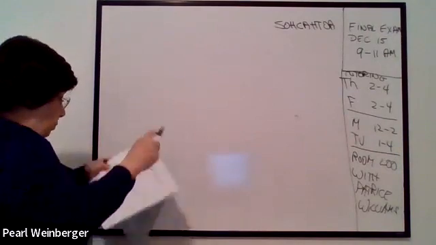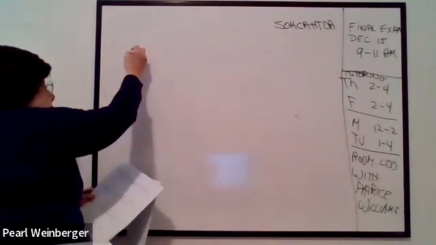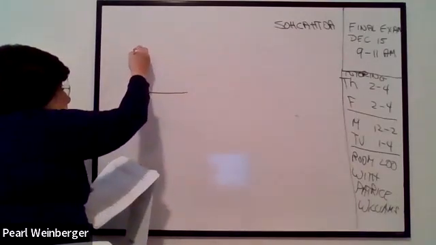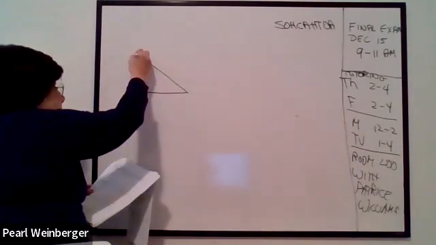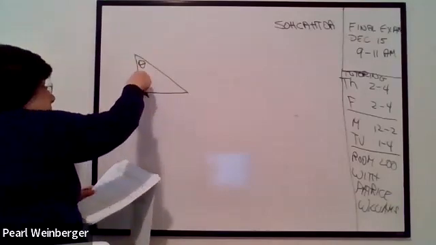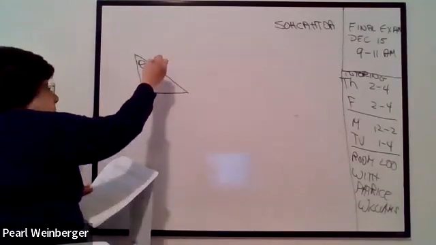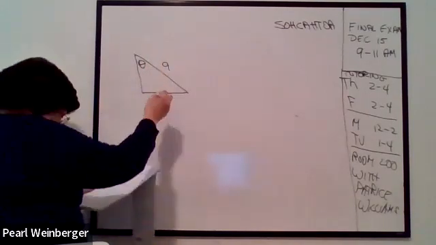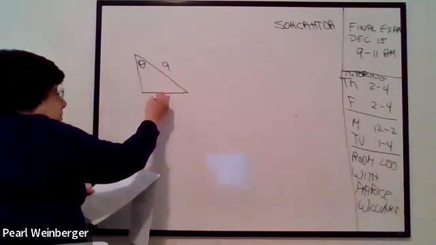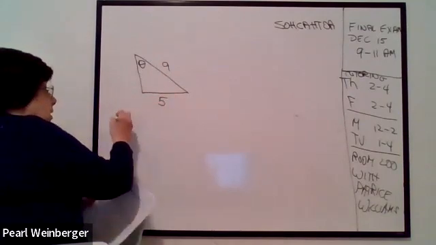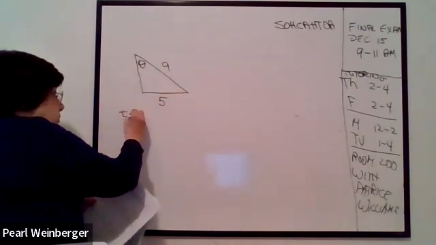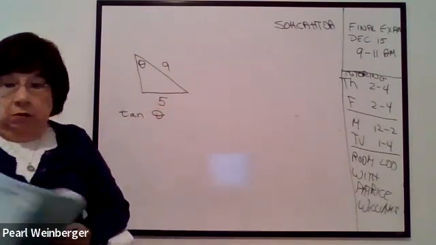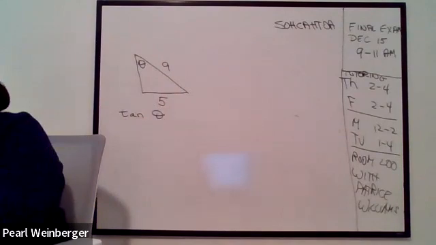Suppose I give you a problem that looks like this. I'm putting the theta over here. And suppose I tell you this is 9 and this is 5. And I want you to find the tangent of theta. I'm going to give you a few minutes to try it on your own.